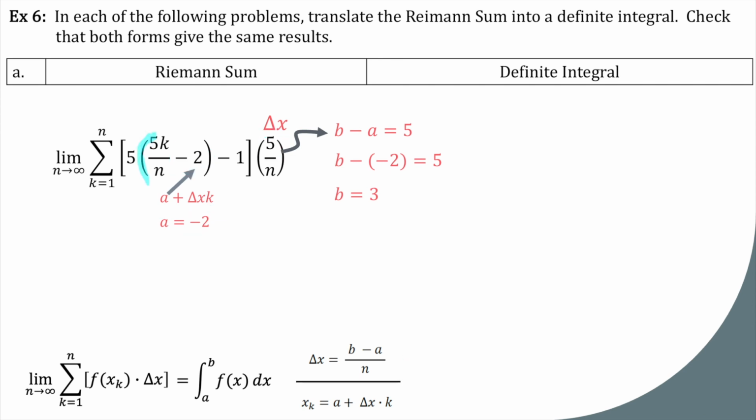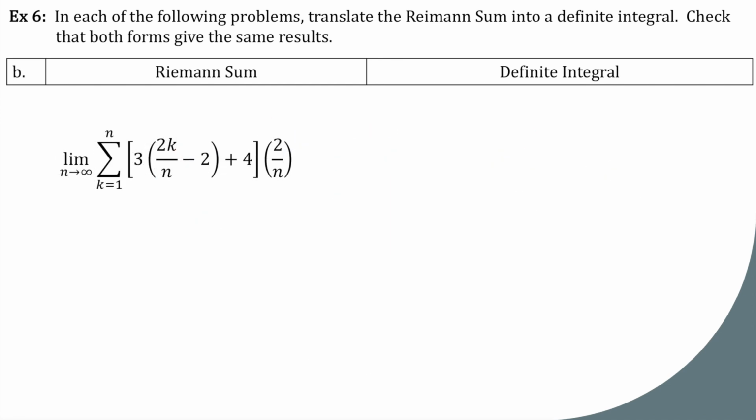Now what's in the parentheses here, that's going to just turn into our x. So here we have our starting point of a, which is -2, our ending point of b, which is 3, and then 5x minus 1 dx, or delta x. Let's put another one of those together.